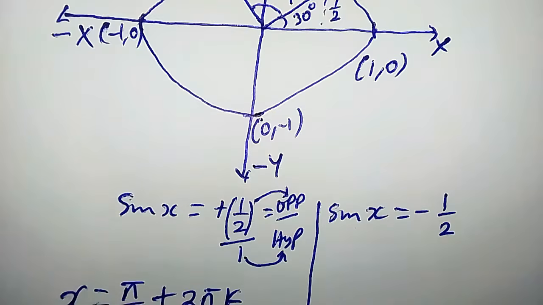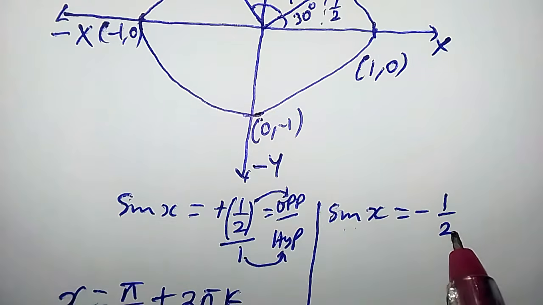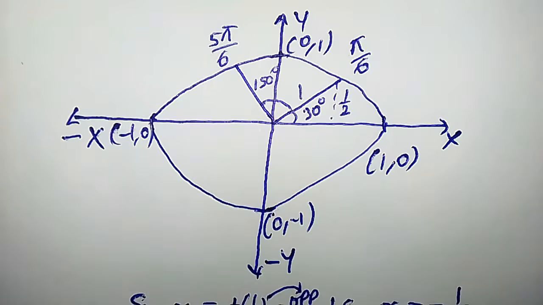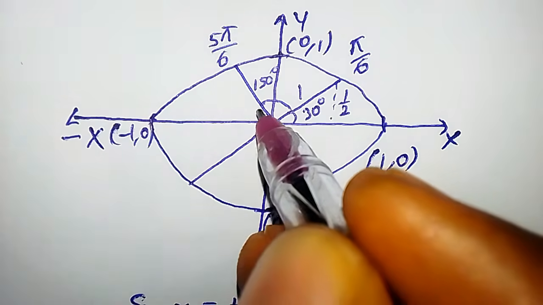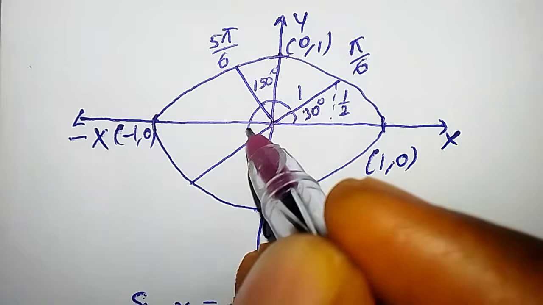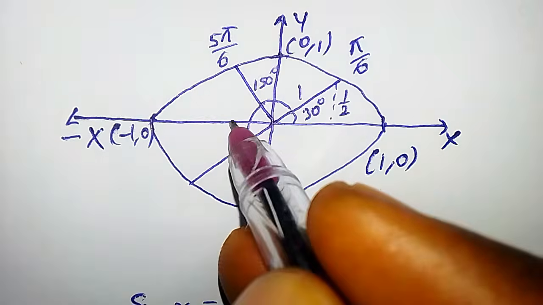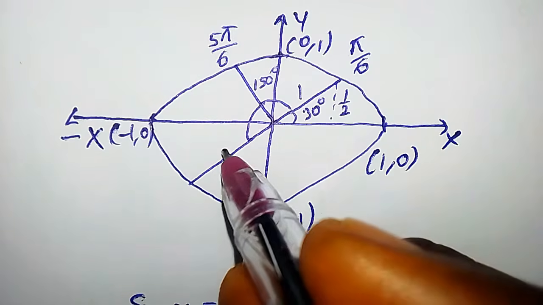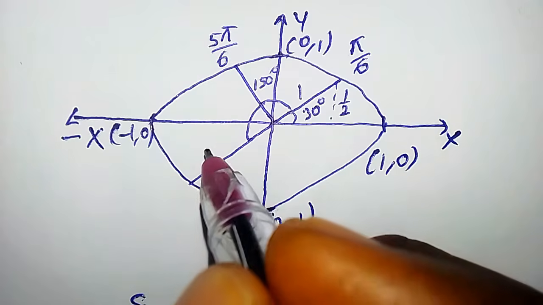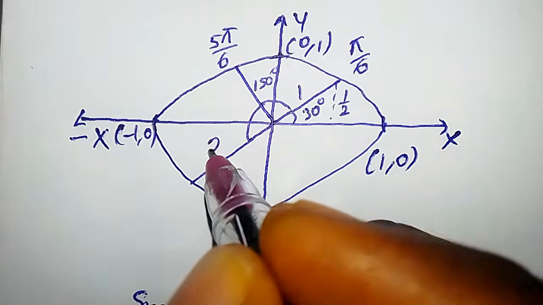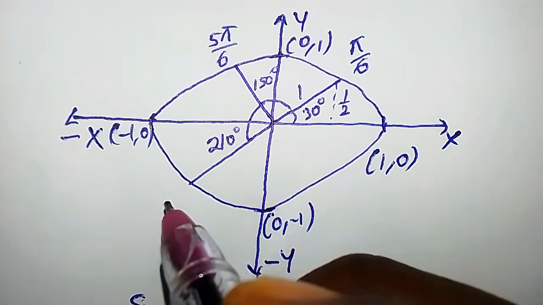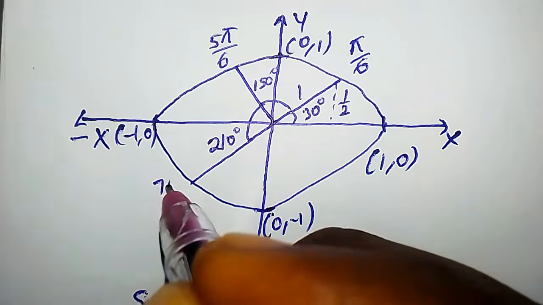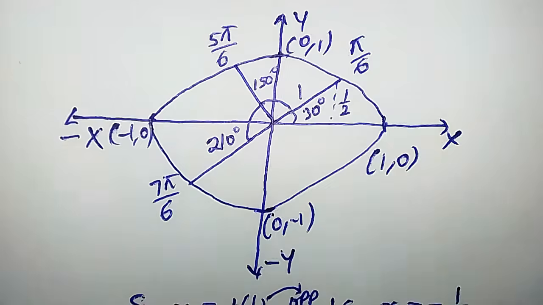Similarly, considering sin x equals minus 1 over 2, there is a straight line here. That means we also have an angle here. The upper half of this circle is 180 degrees. 180 degrees plus 30 degrees, that is 210 degrees. 210 degrees in radians, that is 7 pi over 6.